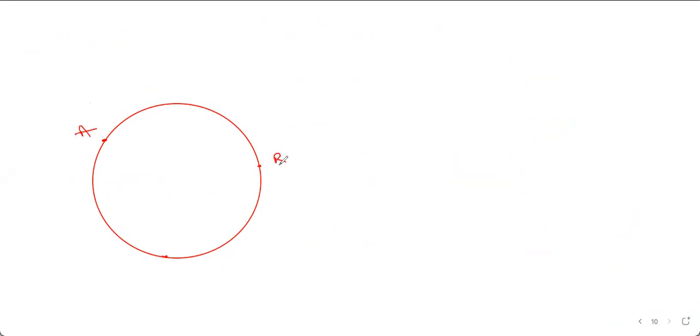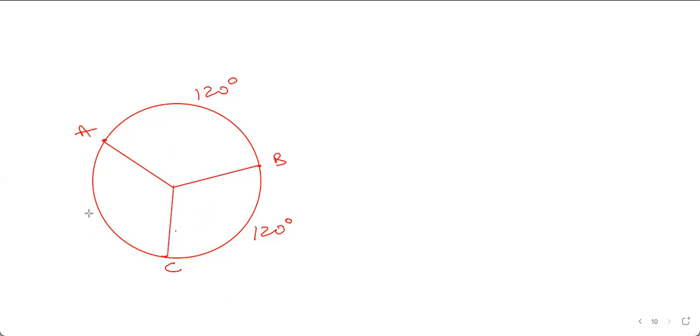A, B, C. It says the measure of arc AB equals 120 degrees. So this is 120 degrees. The measure of arc BC is 120 degrees. ये भी दे दिया है, and there is no common point between the 2 arcs, means they are adjacent to each other. Now if we draw the radii, not necessary, but if we draw them, ये एक रेडियस होगा, ये एक रेडियस होगा, ये एक रेडियस होगा.